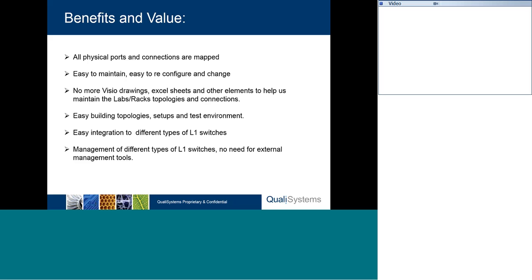No more Visio drawings, no more Excel sheets, no more other elements to help us maintain the labs and racks, topologies and connections. Easy building of topologies, setups, and test environments. You have easy integration and management of different types of layer 1 switches, with no need for external management tools.